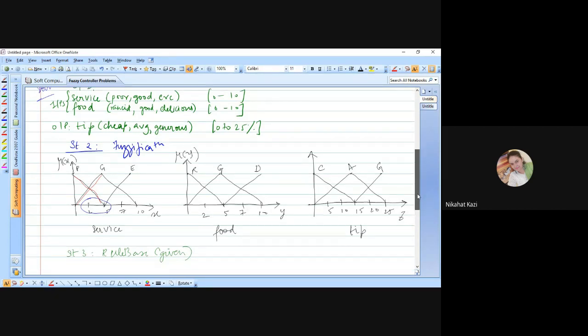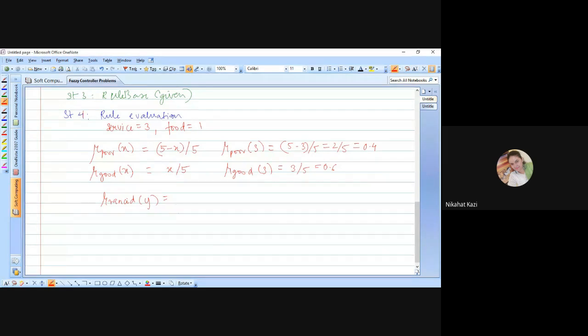So that is 5 minus y divided by 5, right? So rancid of the value we will substitute as 1, whatever is given here, and that is nothing but 5 minus 1 by 5. That is nothing but 0.8.